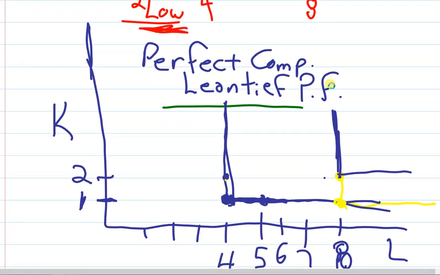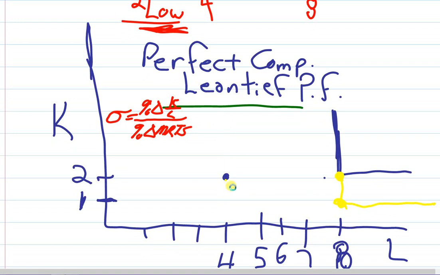Now let's look at this Leontief kind of production function down here. And the same thing: the elasticity of substitution is the percent change in the capital to labor ratio divided by the percent change in the marginal rate of technical substitution. So here, instead of looking at a perfect L, let's look at one that's mostly like an L. Let me redraw this, where it isn't perfectly straight up and down, but almost, and then it quickly goes to being almost perfectly flat, but not quite.